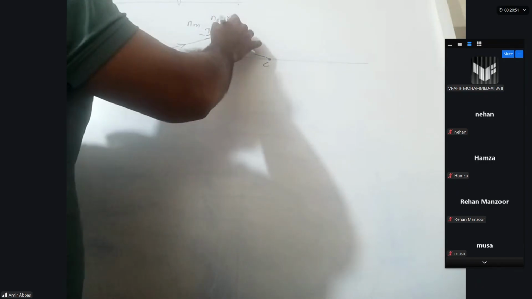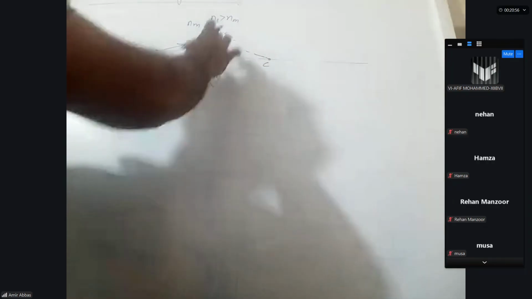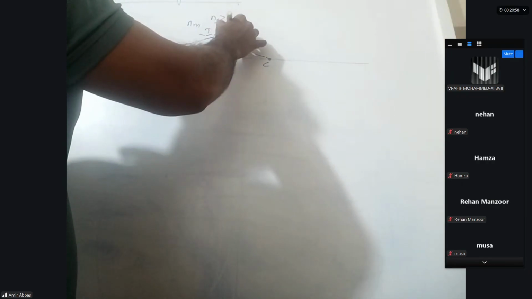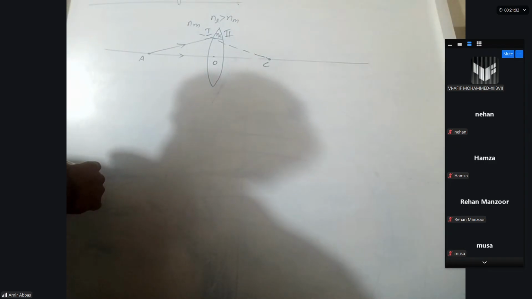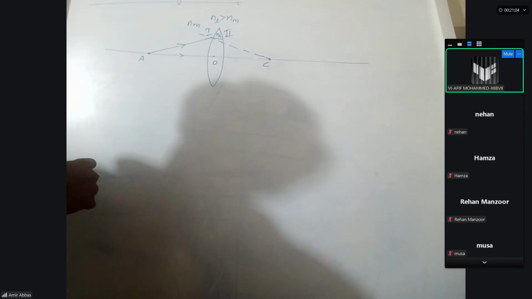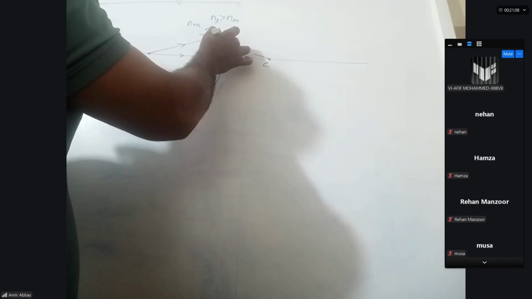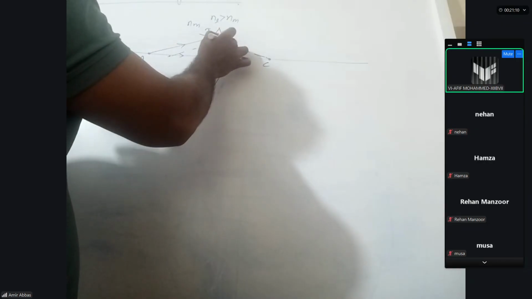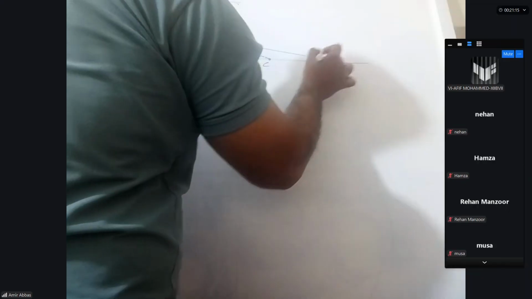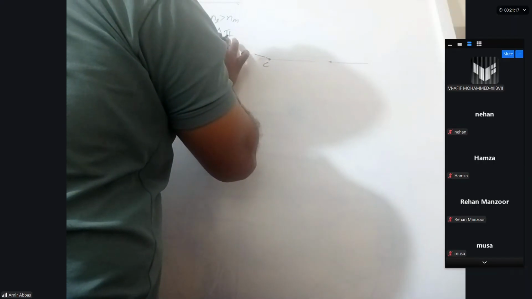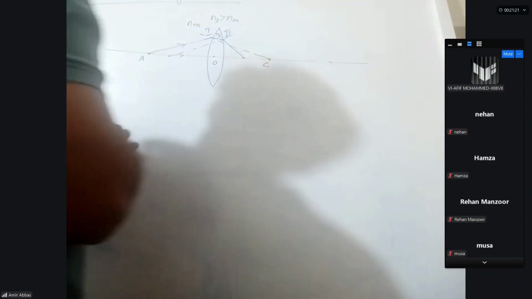At the second point, when the light reaches the second curved spherical surface, where the light gets bent, where will its normal be? Somewhere over here, and it will bend away from the normal. So the image gets formed at this point.